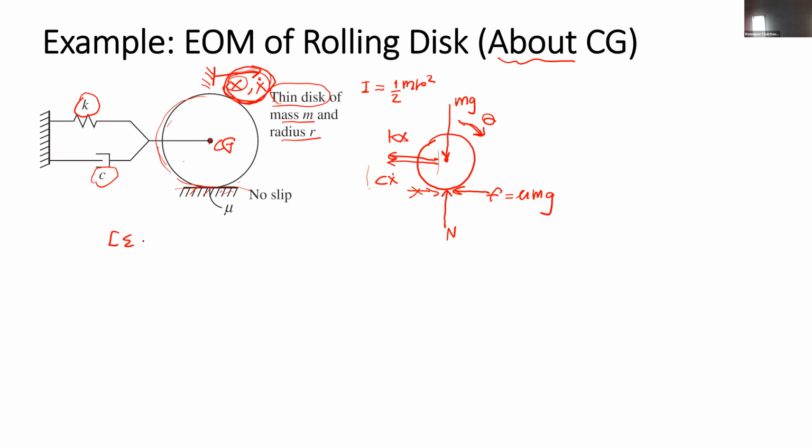If you sum F in the horizontal direction equal to ma, and right hand side is positive, you're going to get minus the spring force, minus the damping force, and minus the friction force equal to m x double dot.